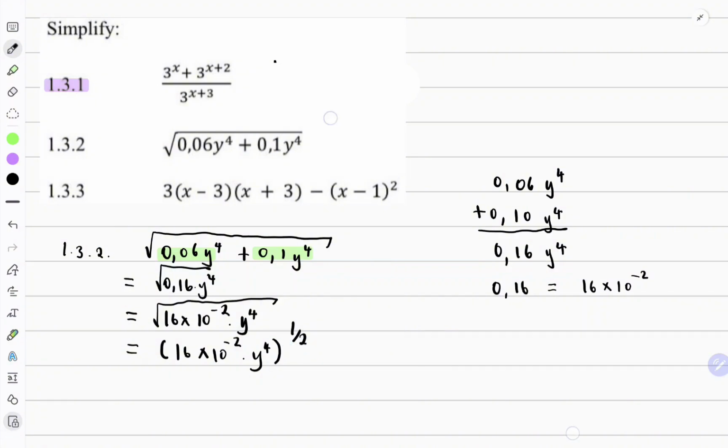So at this point, we can multiply 1 over 2 by all the terms inside the brackets. So this is the same as writing 16 to the power of half times 10 to the power of negative 2 times 1 over 2 times y to the power of 4 times 1 over 2.